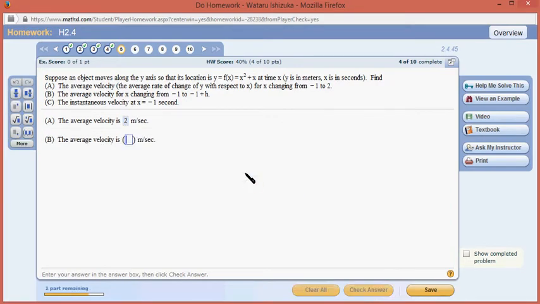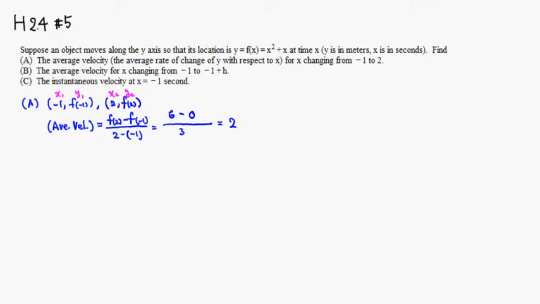Alright, we got that. Part B. We want to find the average velocity for x changing from -1 to -1 plus h. It's the same thing. Instead of a 2 and a -1, we're going to have a -1 plus h and a -1.